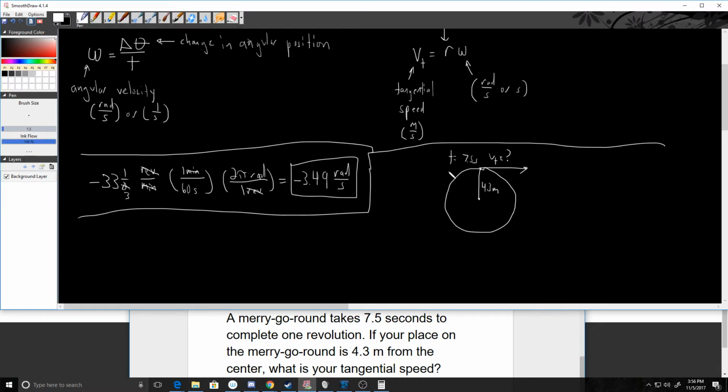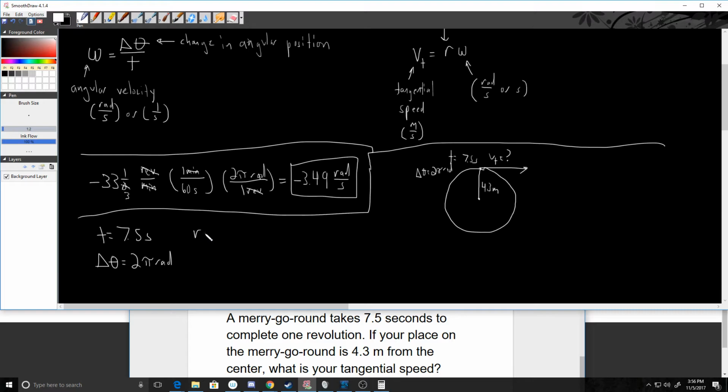So that'll be my t. And the change in angle that they gave me, 1 revolution, is a complete circle. That's 2 pi radians. Let's write that so it's legible. So t is equal to 7.5 seconds. That's how long it takes to undergo 1 revolution, or 2 pi radians.